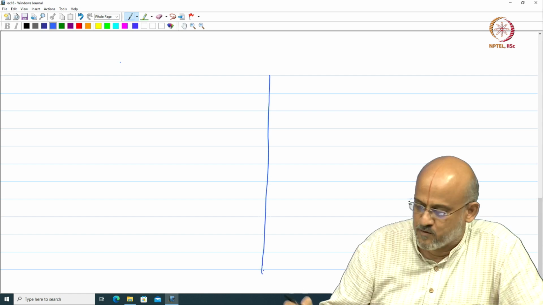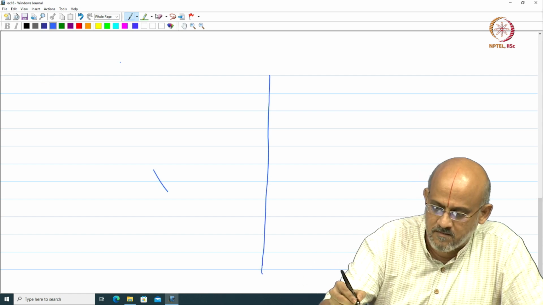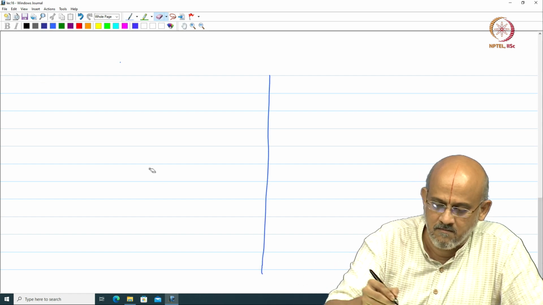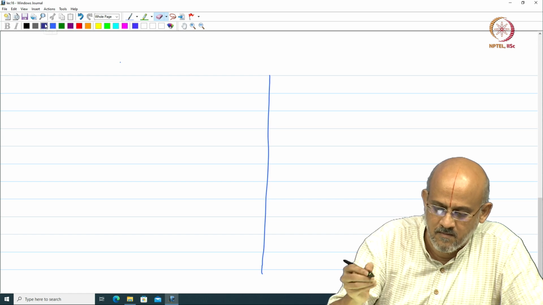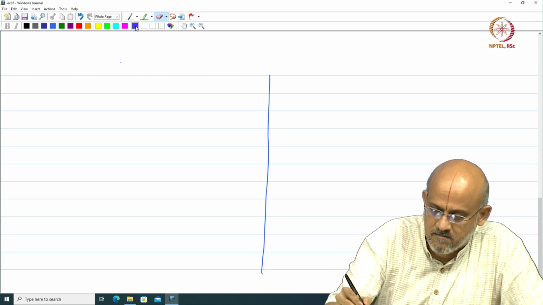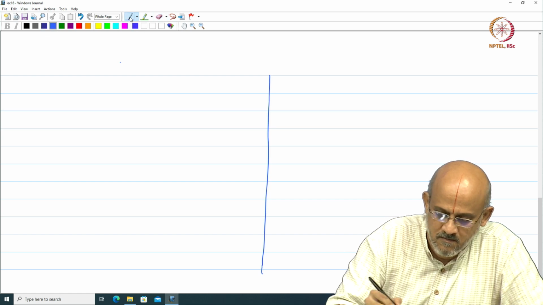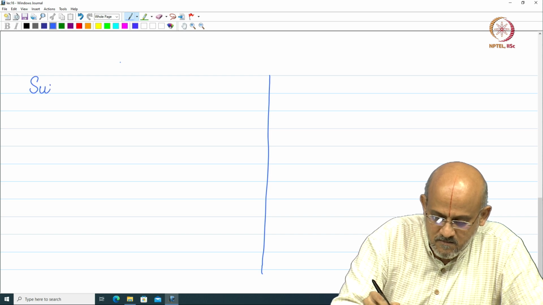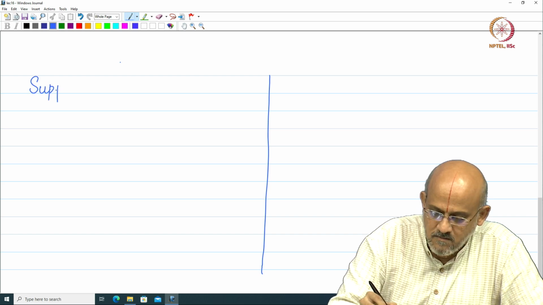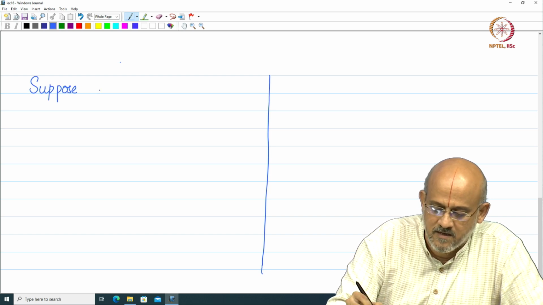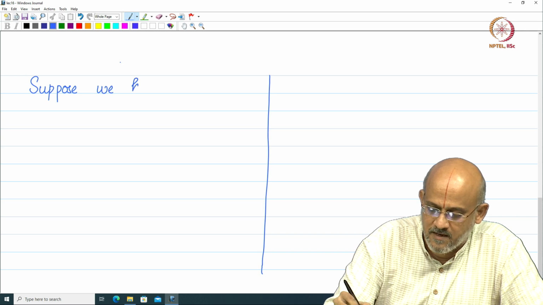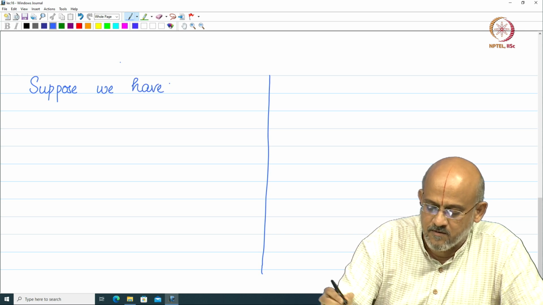Suppose I have a unit cube. We have the unit cube defined by the E1, E2, E3 vectors.